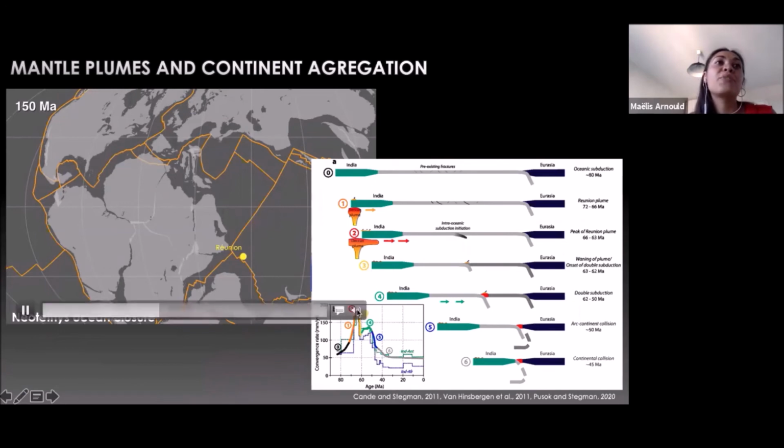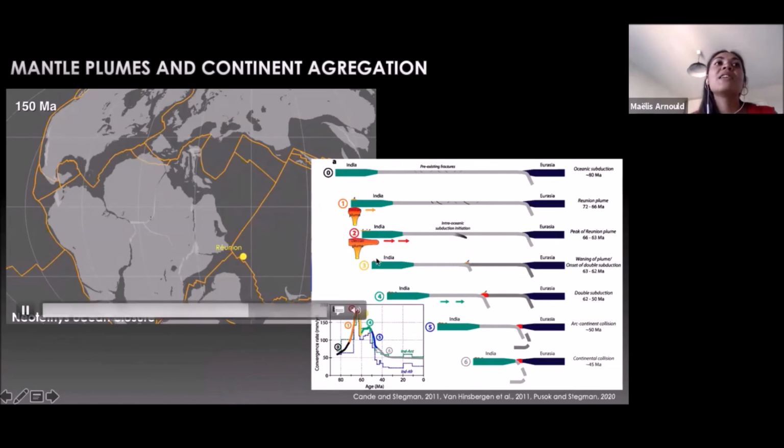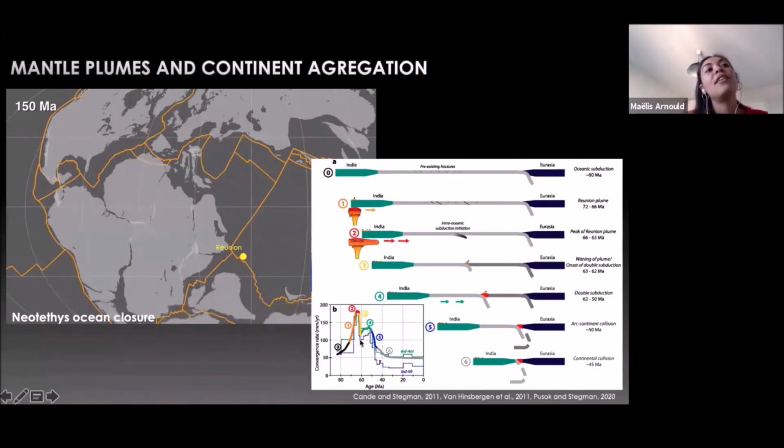Where you have a speeding of India towards Eurasia that's been probably related to the Deccan plume or the Reunion plume, which would have provided some plume push force and maybe provoked this acceleration of India towards Eurasia.